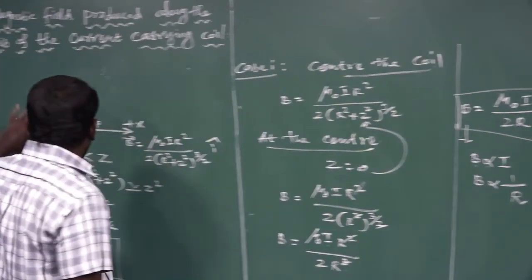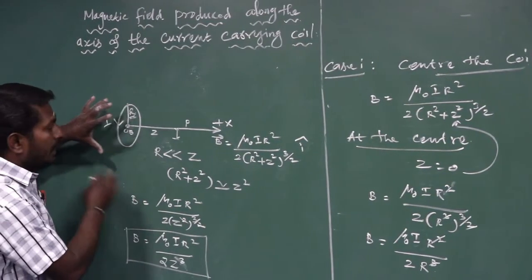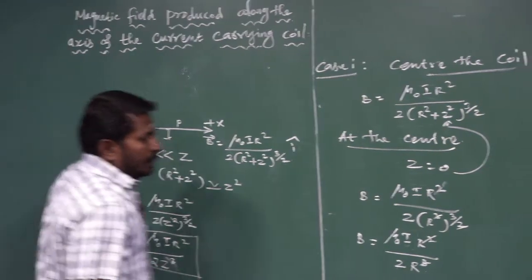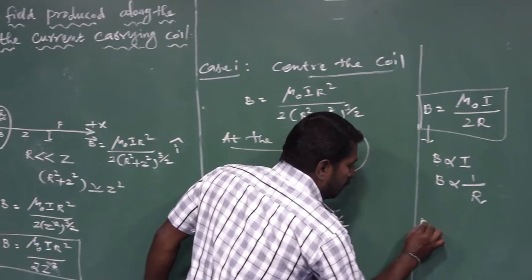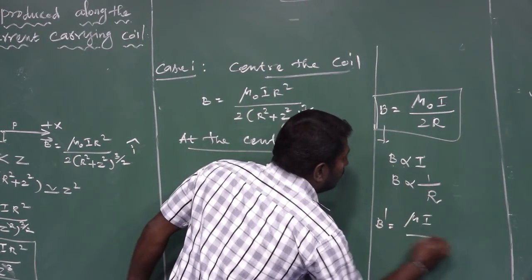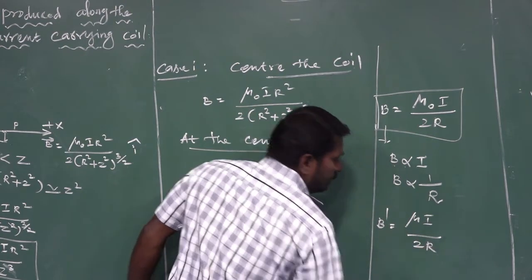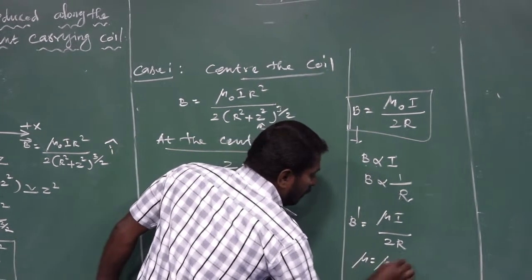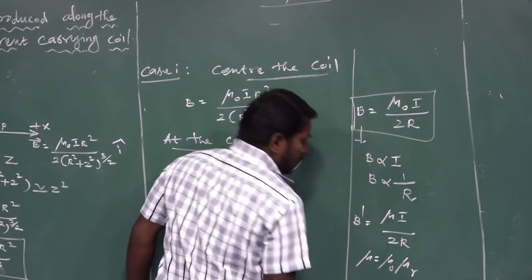If the entire circular coil system is kept inside a medium of permeability mu, then the magnetic induction B prime is equal to mu I divided by 2r. We know that mu is equal to mu naught mu r.